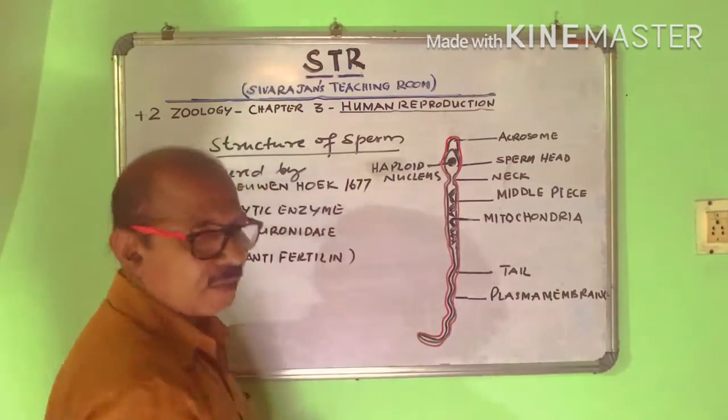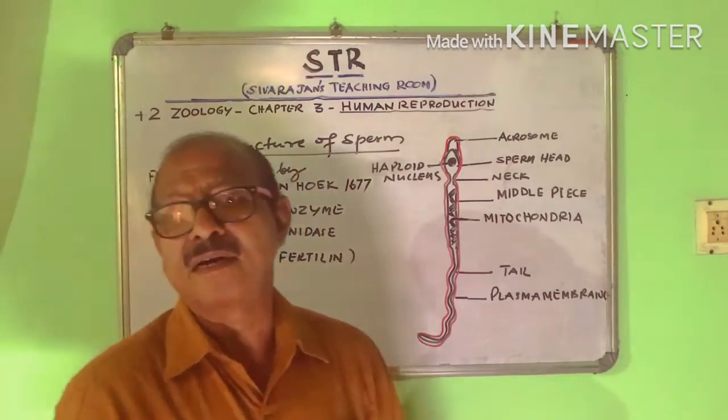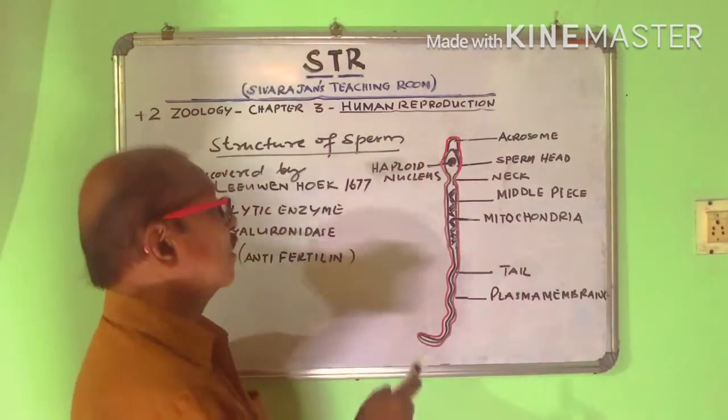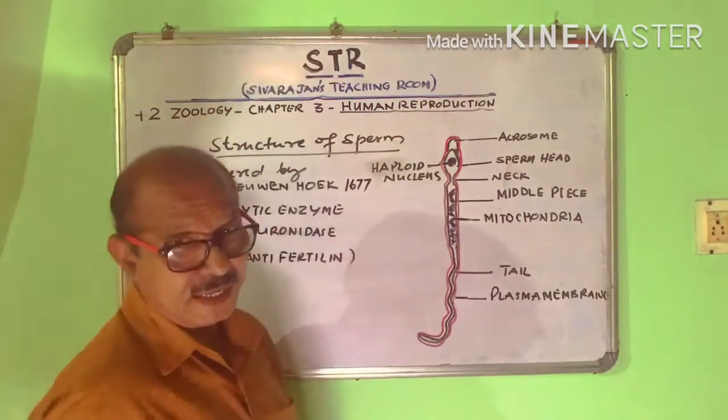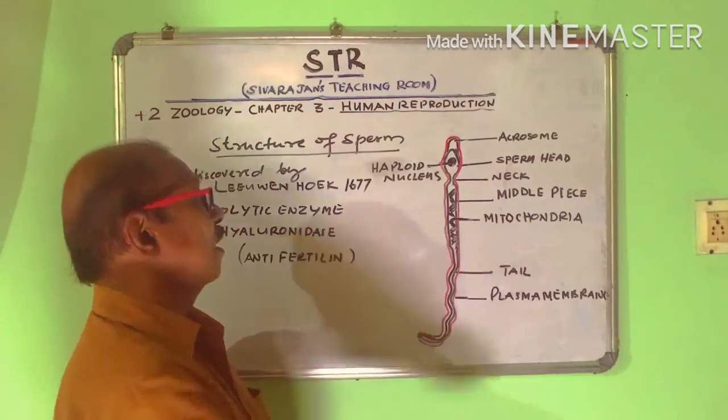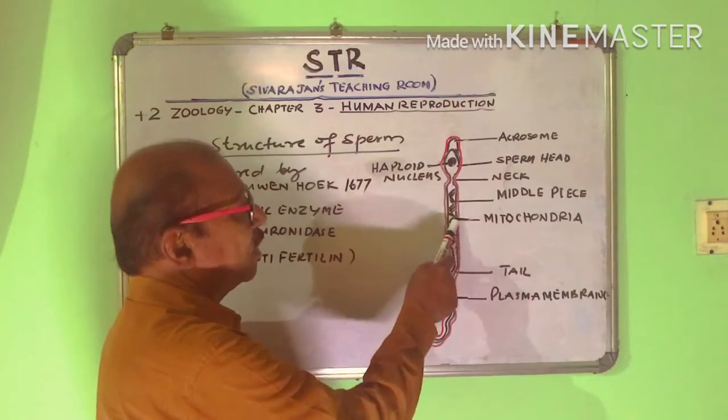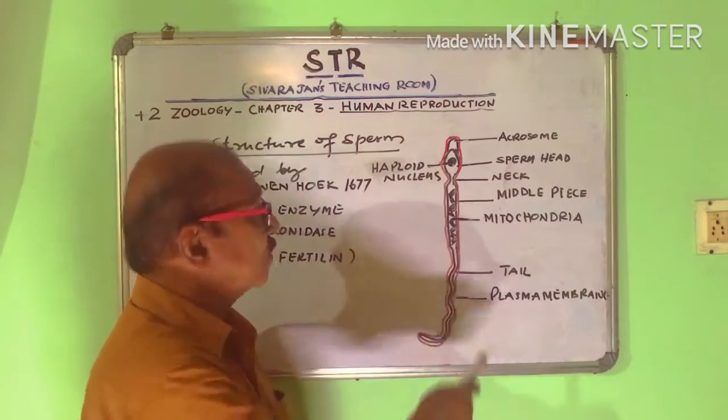It is covered by a double-layered membrane, and it is connected to the middle piece by the narrow neck.